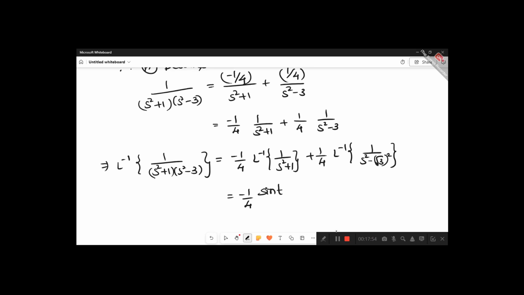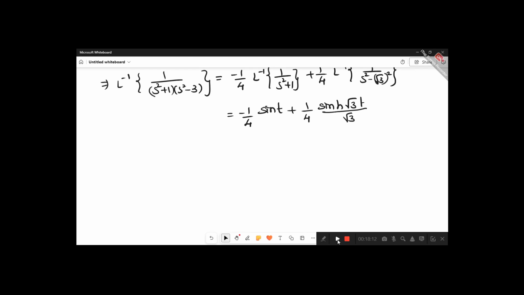Here one more change: we need to write it divided by square root of 3. Therefore Laplace inverse of 1 by s square plus 1 into s square minus 3 will be equal to 1 by 4 root 3 sin hyperbolic square root of 3t minus 1 by 4 sin t. This is the required answer.